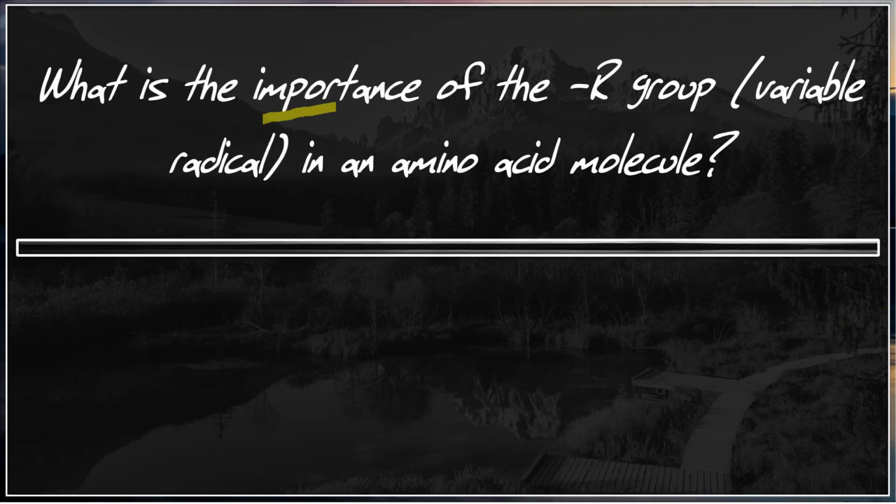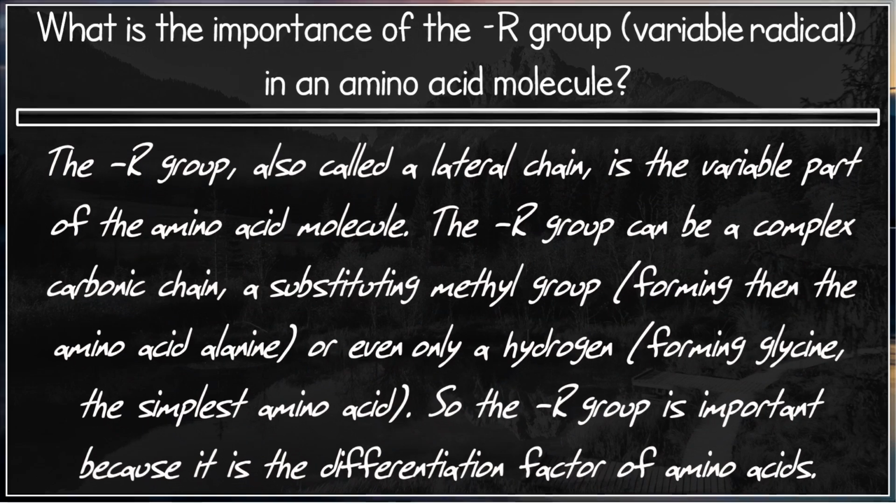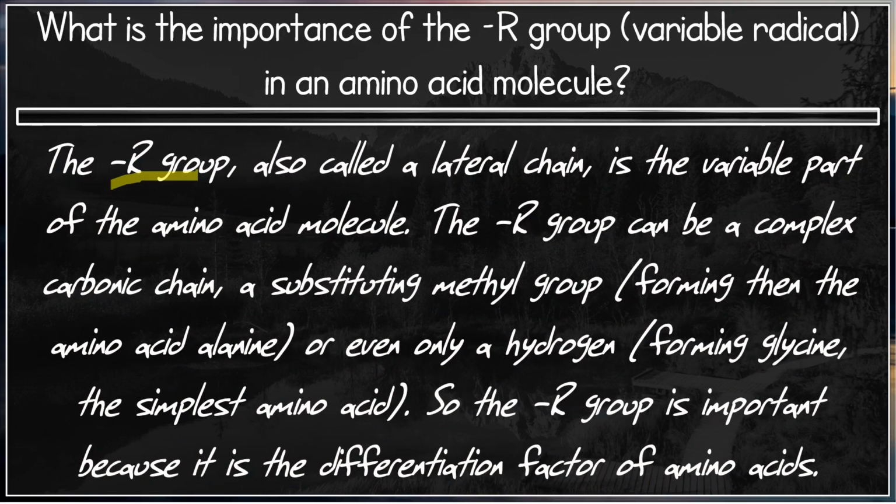What is the importance of the R group, the variable radical, in an amino acid molecule? The R group, also called the lateral chain, is the variable part of the amino acid molecule.